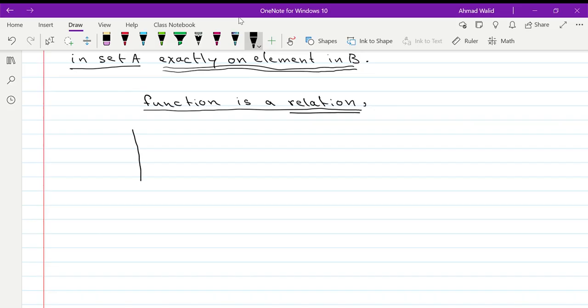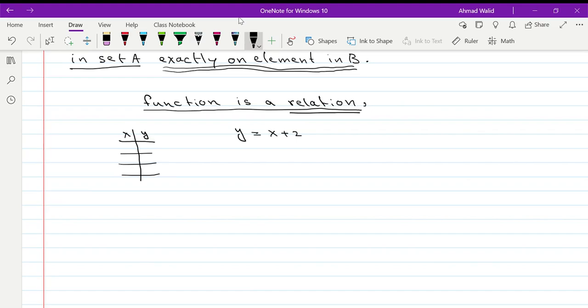You use this table a lot since you start grade 7 in school to graph different functions. On one side we put x, on one side we put y, correct? Let's write a very easy equation in here, even though I'm not naming it function yet. Y equals x plus 2.